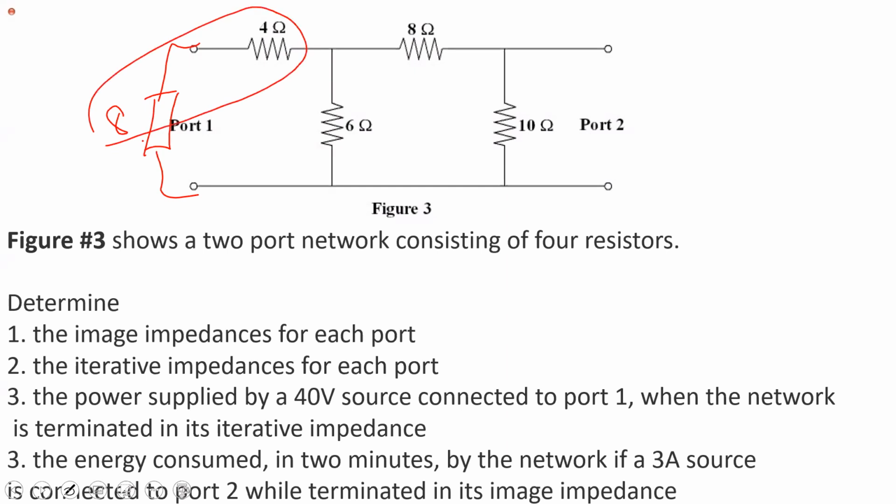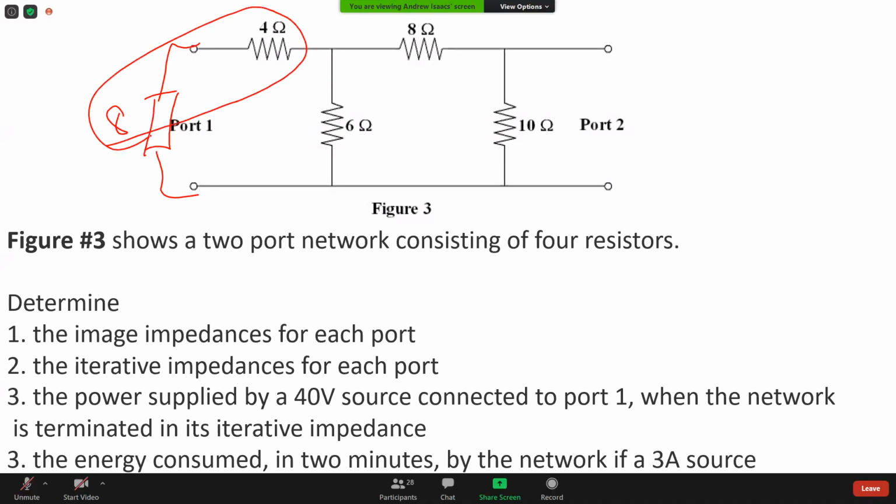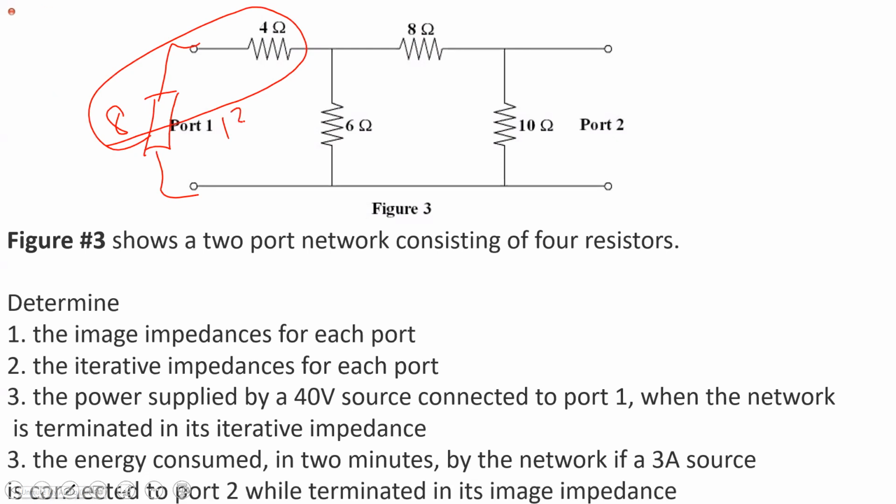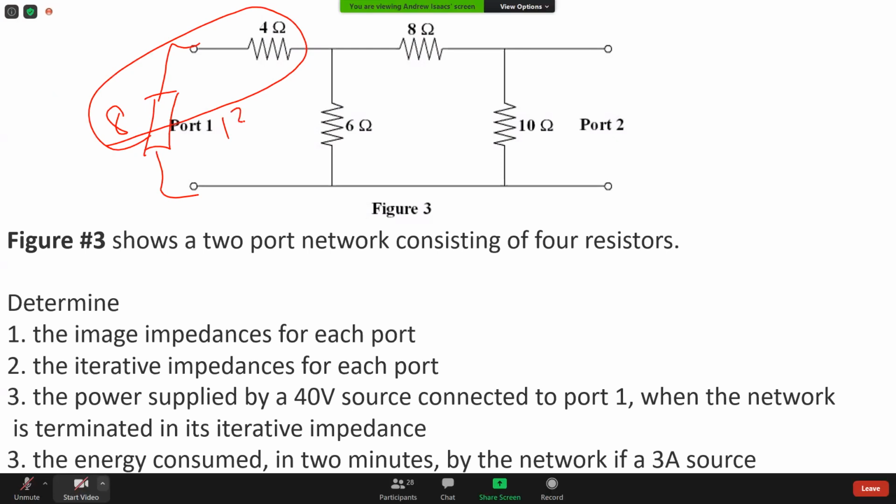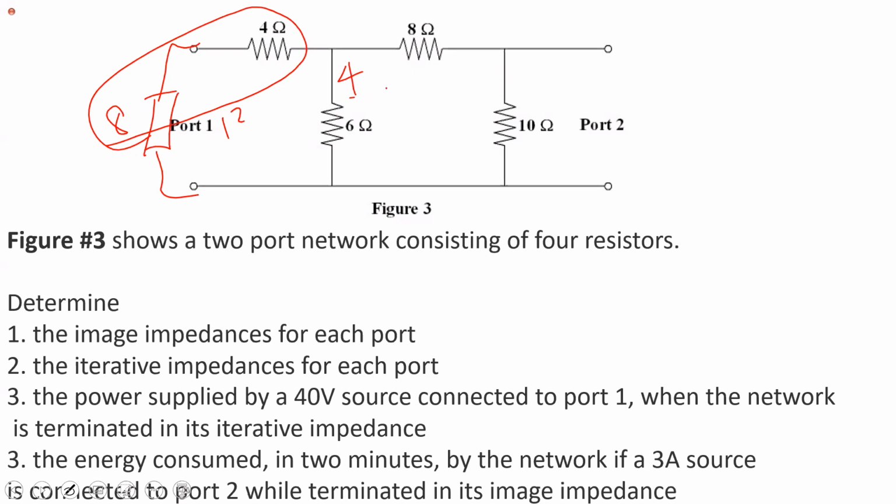8 plus 4 give us what? 12. 12 in parallel with 6.5 points. 12 in parallel with 6 give us what? 4. 4 plus 8, 12. 12 in parallel with 10 is about half of that, right? Half of 10.